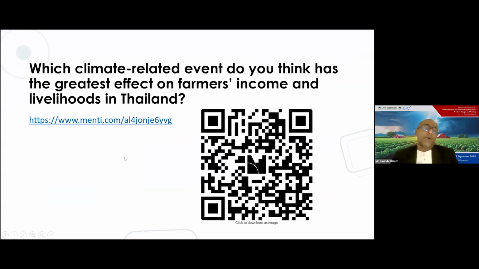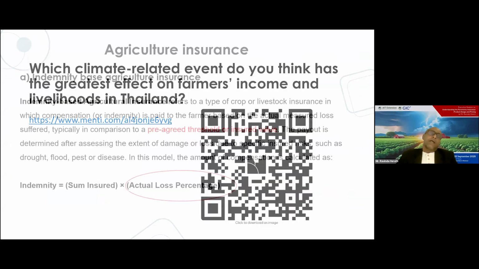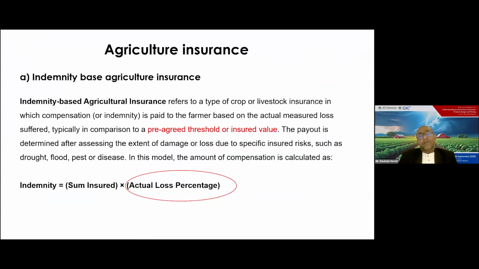Okay, to provide the solution, we cannot avoid agriculture insurance, because when we talk about parametric insurance, we cannot avoid agriculture insurance. The majority of parametric insurance is designed in line with agriculture insurance, but there are also many other index insurance products out of that as well.